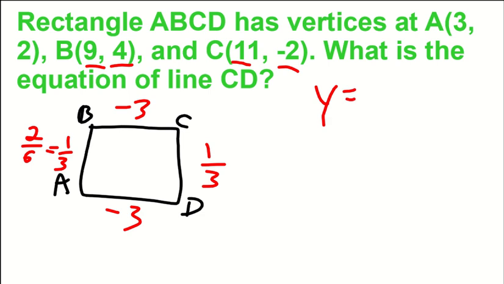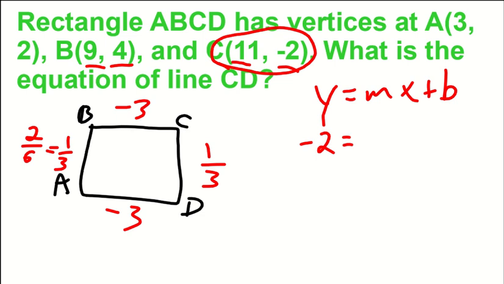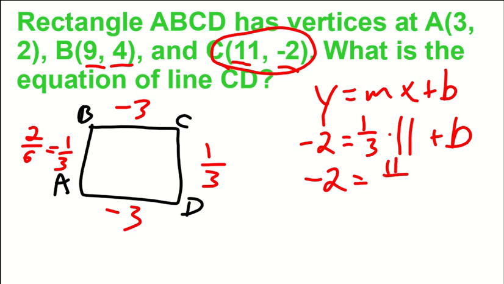So when we take our y equals mx plus b, plug in C, because that's the point that we know for that side. So the Y value is -2, slope is 1/3, X value is 11, and we're trying to find b. 1/3 times 11, if we put 11 over 1, that's just going to be 11/3.